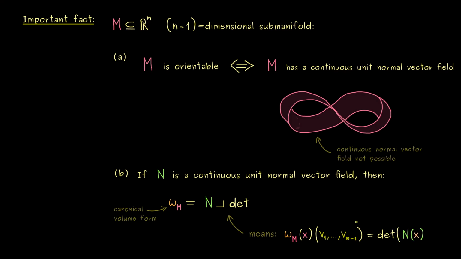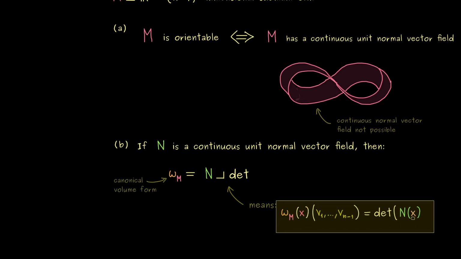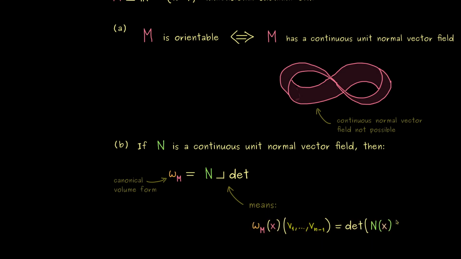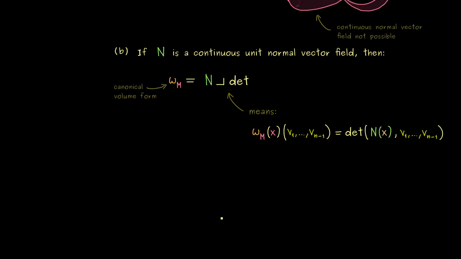And then we simply put in n(x) as the first input, as the first vector, and then the other vectors as well. So not complicated at all, we just substitute the one missing vector with n(x). And as always, we see the tangent space for submanifolds as subsets in R^n. So indeed, this identification is the one we always have.